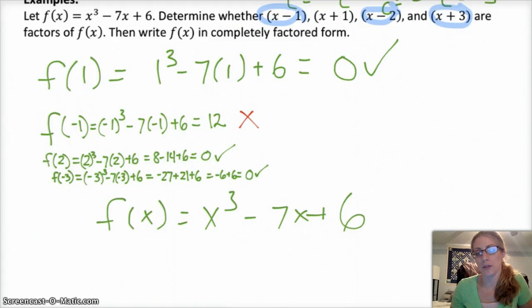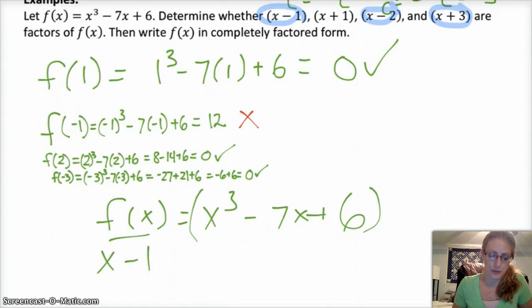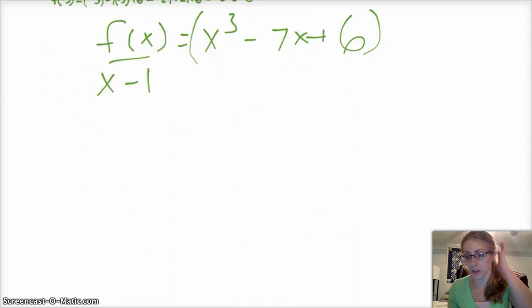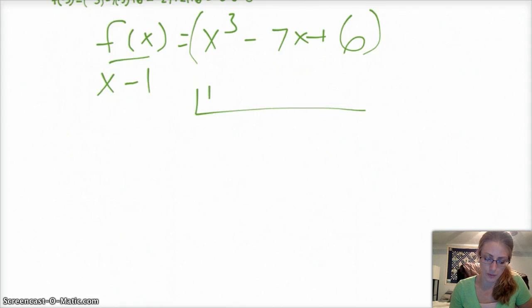And I want to divide out the first factor. So let's do f of x divided by x minus 1. You can use synthetic division or long division, whatever you choose. I prefer synthetic division for this because it's x minus c. So I'm going to do my coefficients, 1, 0, negative 7, and 6. And my c is out there.